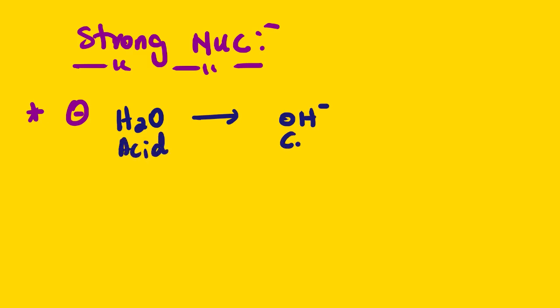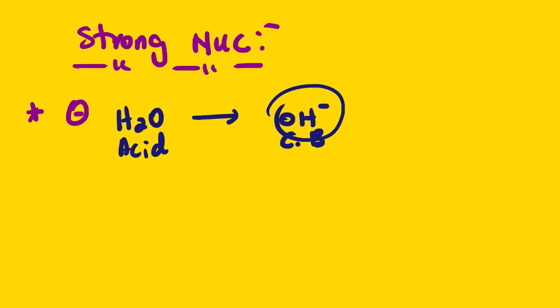What is the meaning of that? Let's say we have H2O as our acid. We know that this is an ampholyte, but after donating a hydrogen, we know that it will become OH minus. In this case, this is an acid, and then this is a conjugate base. And you should know that this is a strong nucleophile, this is a weak acid.